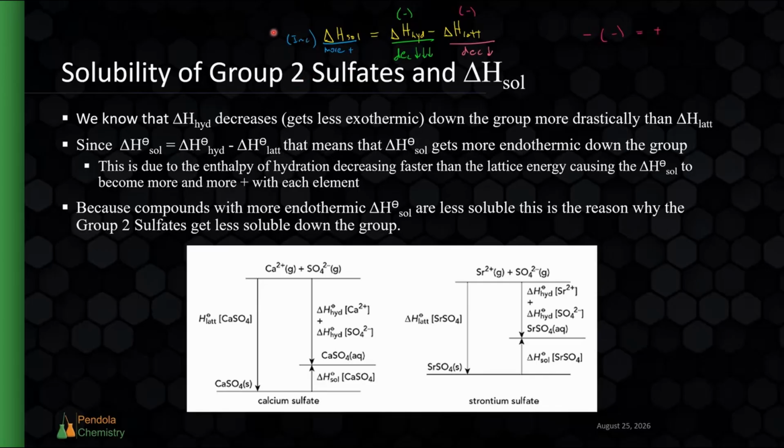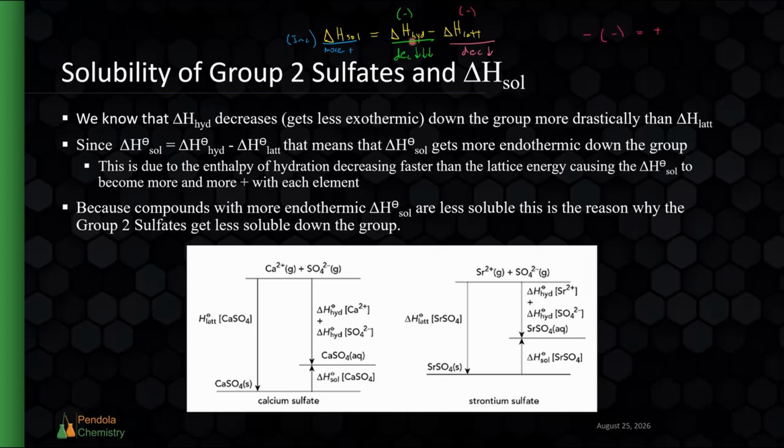They get less soluble down the group because their enthalpy change of solution gets more positive. Why does it get more positive? Because the lattice energy decreases less drastically than the hydration of the ions. And the reason for that is that the lattice energy is dependent on both the group 2 ion and the sulfate, whereas the hydration is only dependent on the group 2 ion.